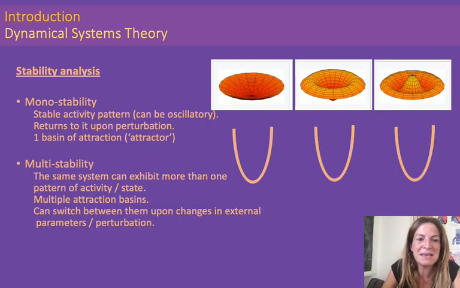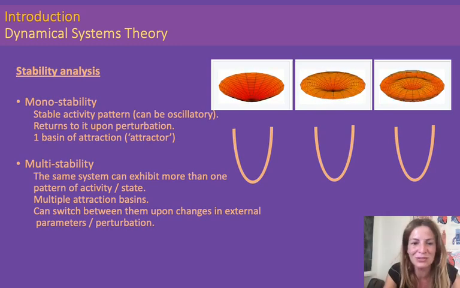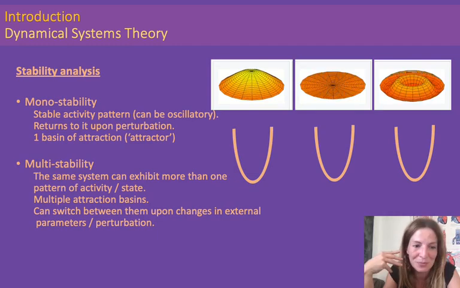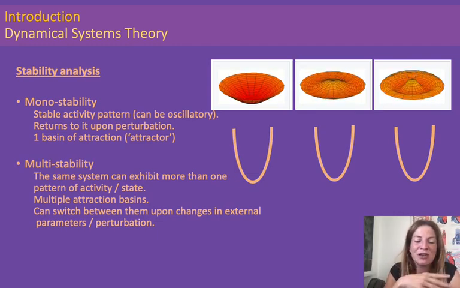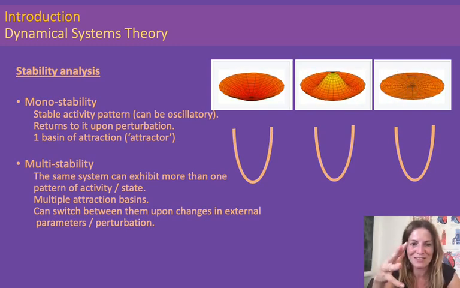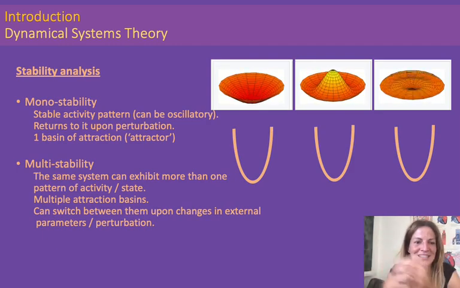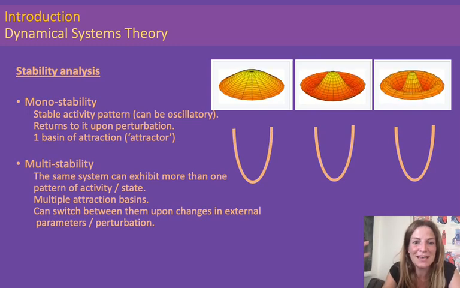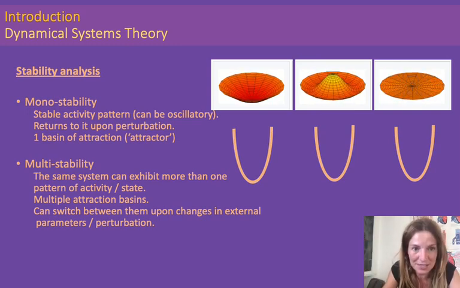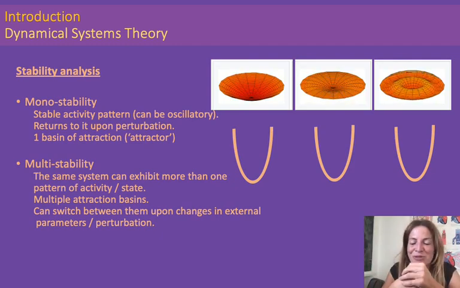Now, if you change a little bit the external parameters of the same system, or you perturb it in some way, it can switch to a different dynamical behavior, a different regime, a different state of activity, let's say. And in this case, we say that the system has multi-stability. So here it's the same membrane, just as a general illustration.